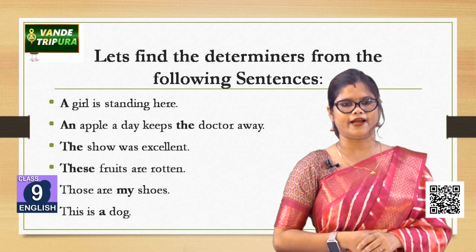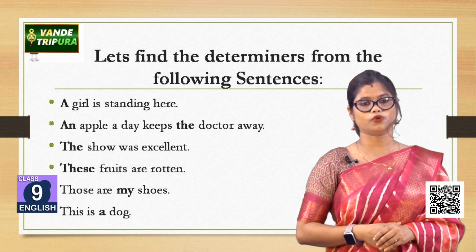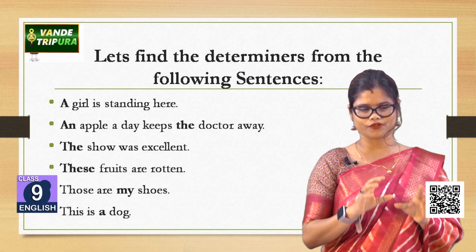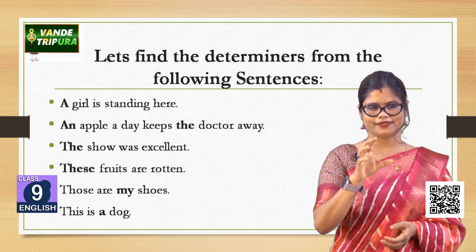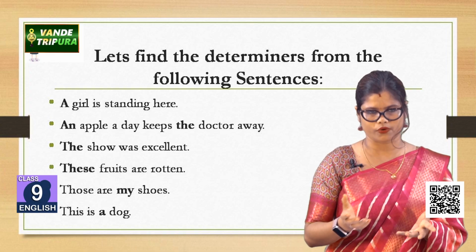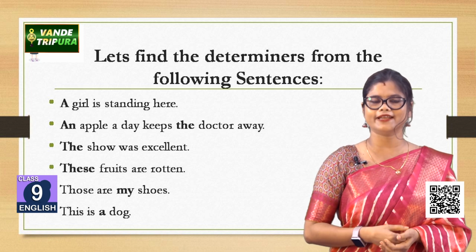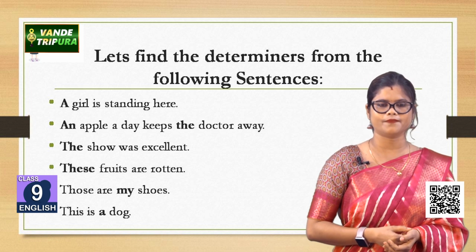Now see the third line, the show was excellent. So what is the noun here? Show, it is the naming word because it is the name of a particular event, show, ঠিক আছে। So it is the noun show, show এর আগে কি আছে, the again is the article, and article is the determiner.